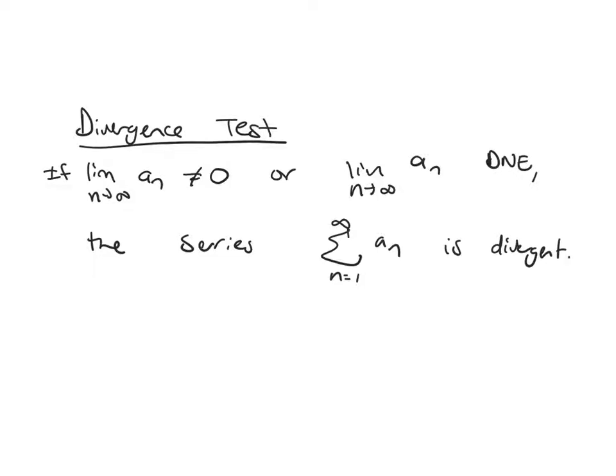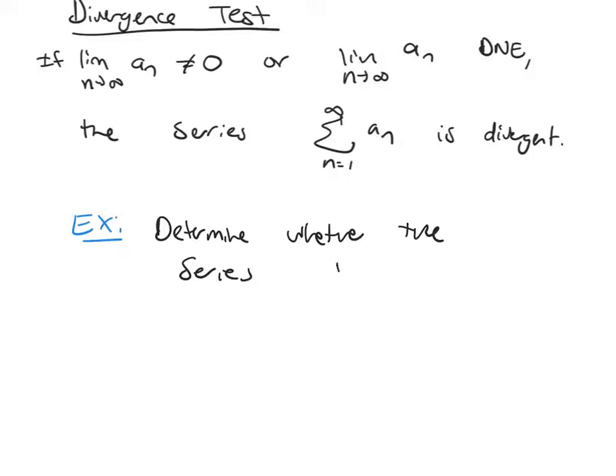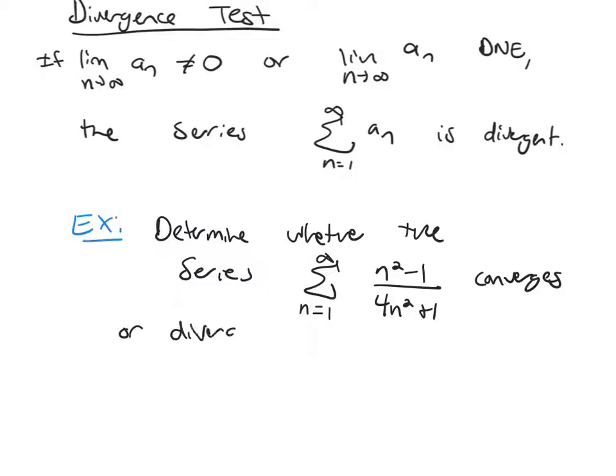So let's look at an example where we could use the divergence test. Determine whether the series n squared minus 1 divided by 4n squared plus 1 converges or diverges.